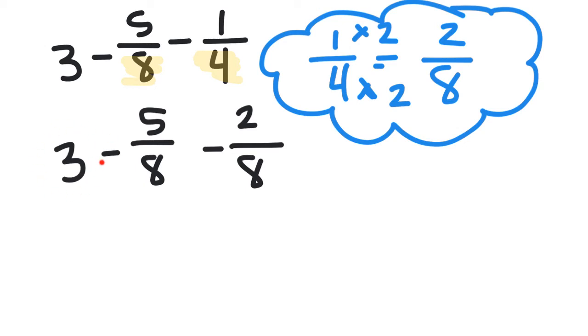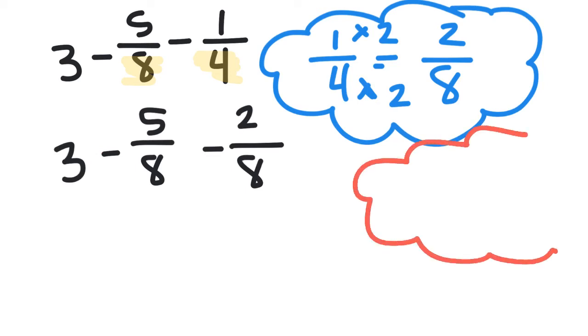I have a whole number here. I need to also turn that whole number into eighths. So another thought bubble. 3 wholes would be equal to how many eighths? Imagine that you have 3 pizzas, and each pizza has 8 slices, and you eat all of the slices.